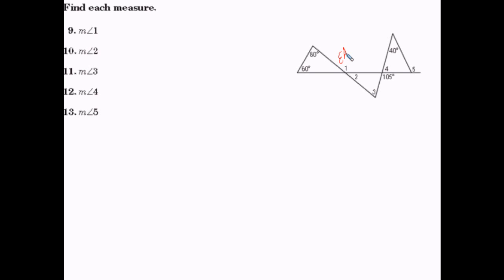Angle 1 is equal to 80 plus 60, because those are my remote interior angles, on the other side. So that's going to be 140. I'm going to label that as 140.